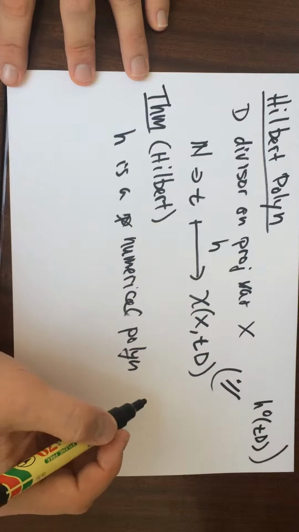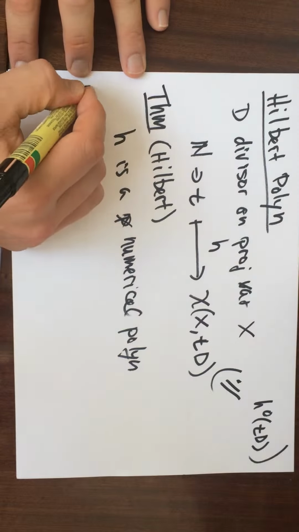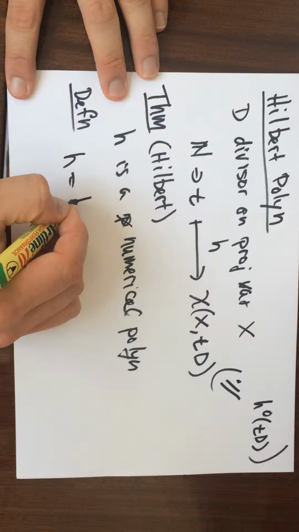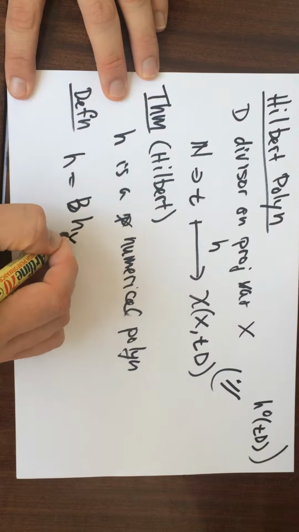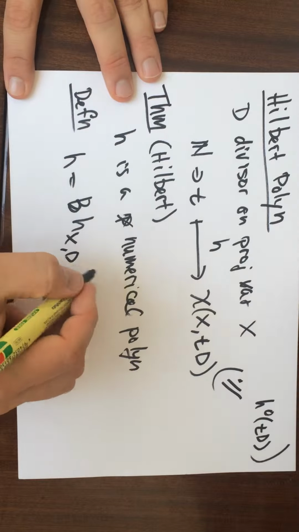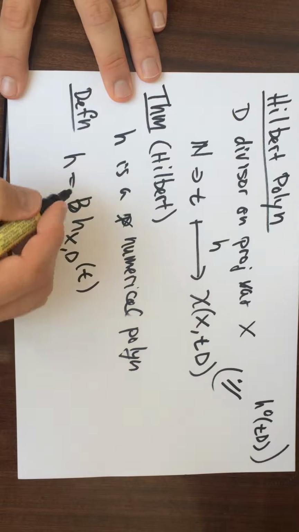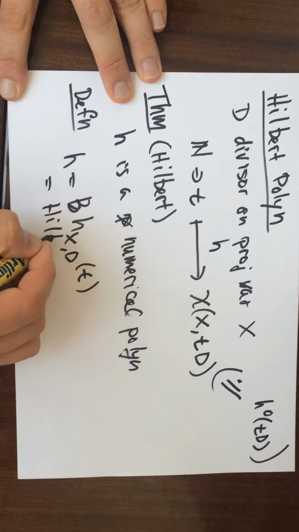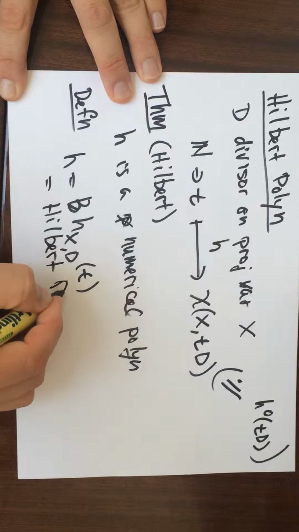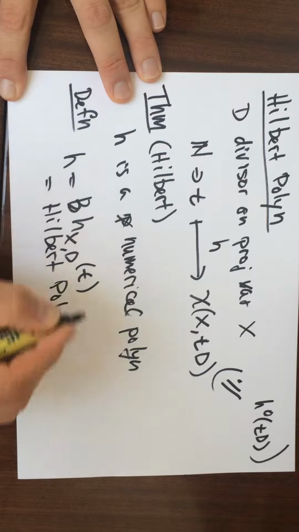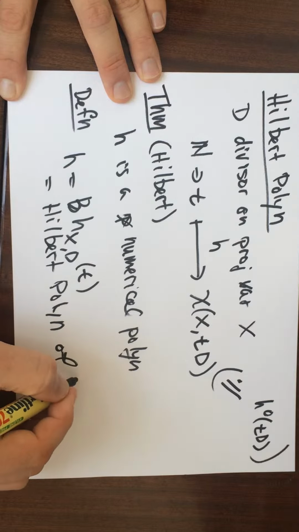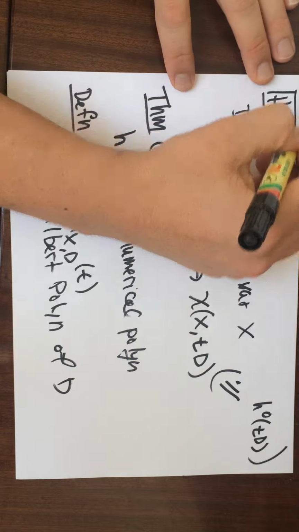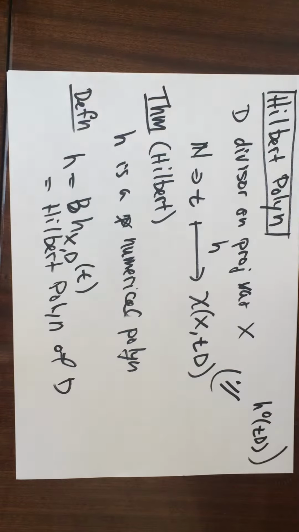The definition is that h, which depends on X and D, as a function of t, is called the Hilbert polynomial of D. This is the one-dimensional version of Hilbert polynomials.